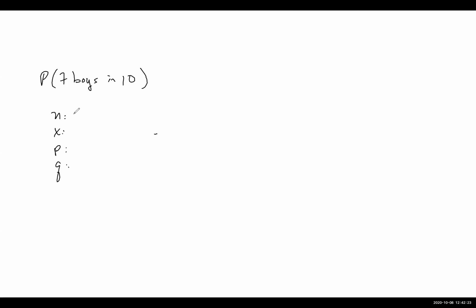N is the total number of trials, so that is 10 births. X is the number of successes for this problem, exactly 7. The probability of success, they say, assume the probability of having a boy and a girl are equally likely. So each one, and I think nature bears that out almost exactly, 0.5 for each. I think there may be a slightly higher birth rate for females, but anyway, they told us they're the same. So for this problem, they're 0.5.